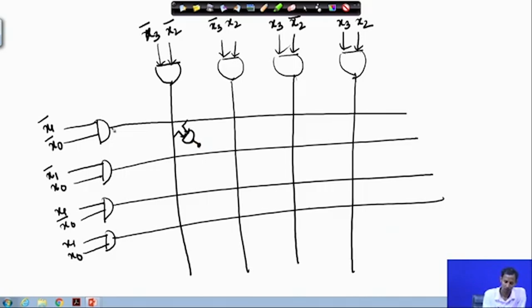Here, that means this and this, if it is ANDed, and then again these two particular results. If I consider this as Q, let us consider Q3 dashed, Q2 dashed, Q1 dashed and Q0 dashed.